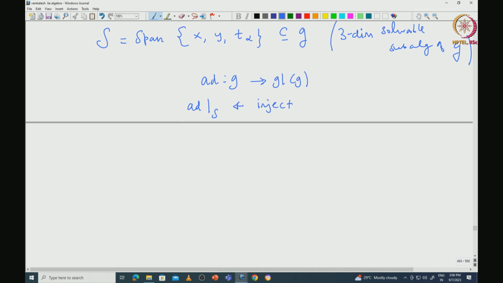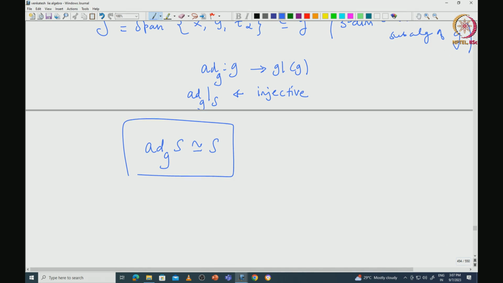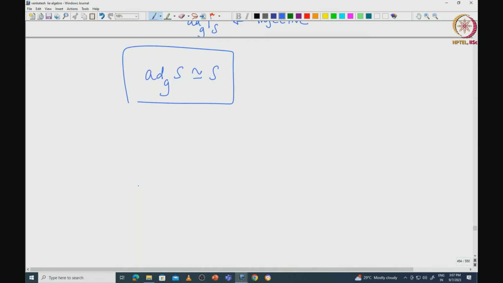So ad_g of S must be isomorphic to S, because we are simply restricting to the image and ad_g is injective when restricted to S. Now since ad_g of S is a subalgebra of GL(g) which is solvable, we will be able to get a basis of g so that the elements of ad S look like upper triangular matrices.